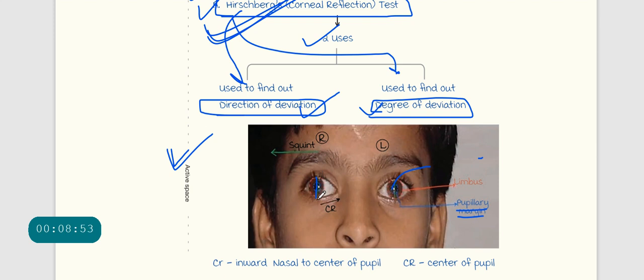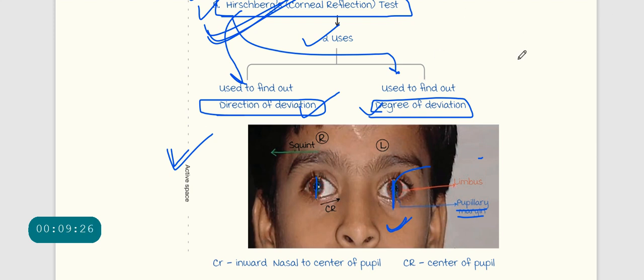In this circle, if the reflection is on any other side, then this is a deviation. Here, the left part is normal. You can clearly see the reflection as well as the pupillary margins and the limbus crossing this straight line. So what will be the normal condition over here?